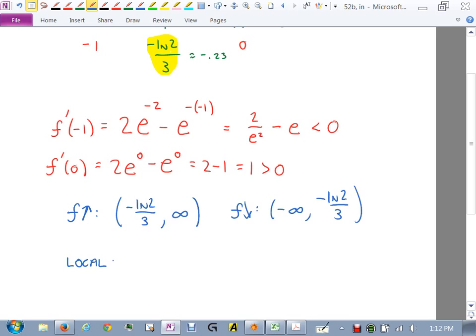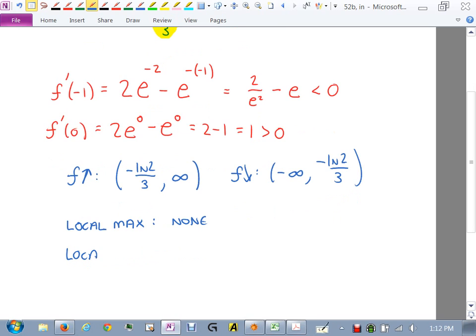Do I have a local max? None. Local minimum at negative natural log 2 over 3, right? Oh, sorry. And then I need the y value. So plug it into what? Plug this value into the original function.